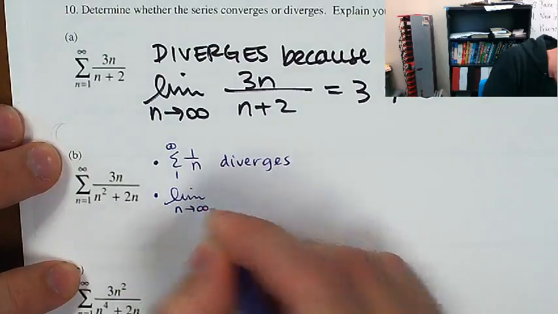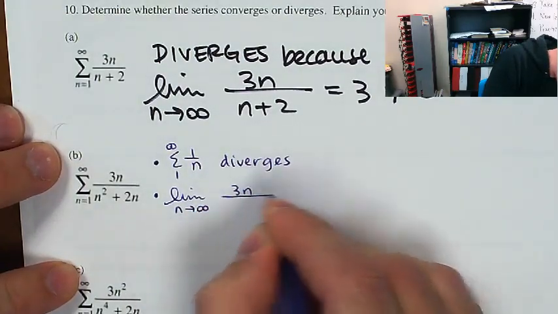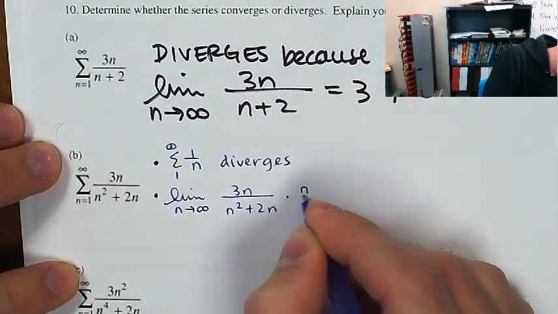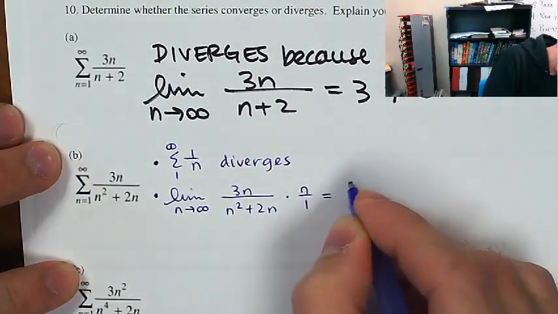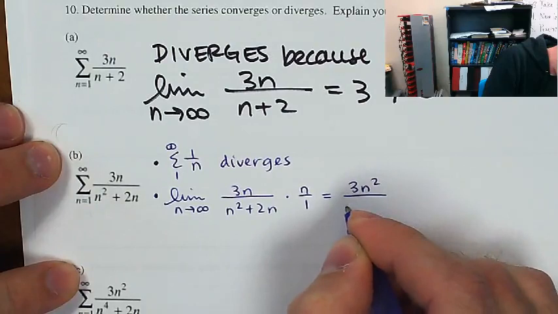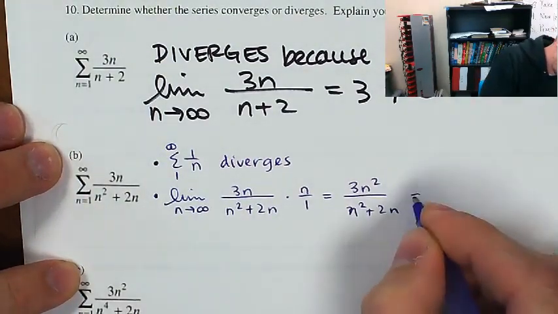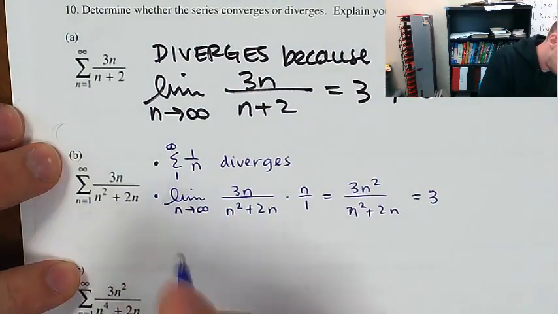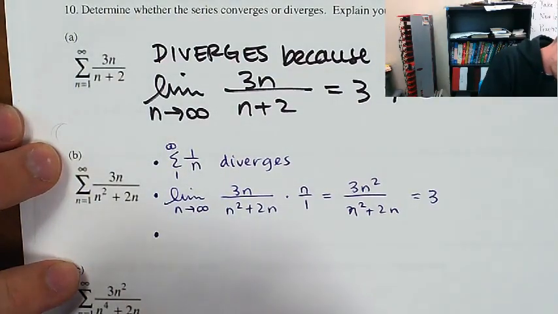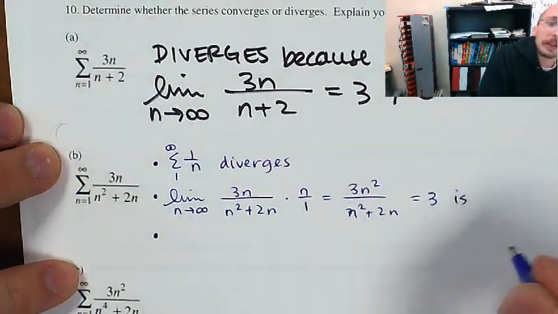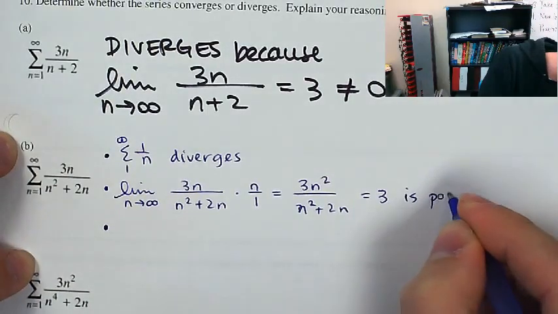Limit as n goes to infinity of 3n divided by n squared plus 2n, divided by 1 over n, which is multiplying by n over 1, is 3n squared over n squared plus 2n. That limit is 3. And I need to say it is positive and finite.